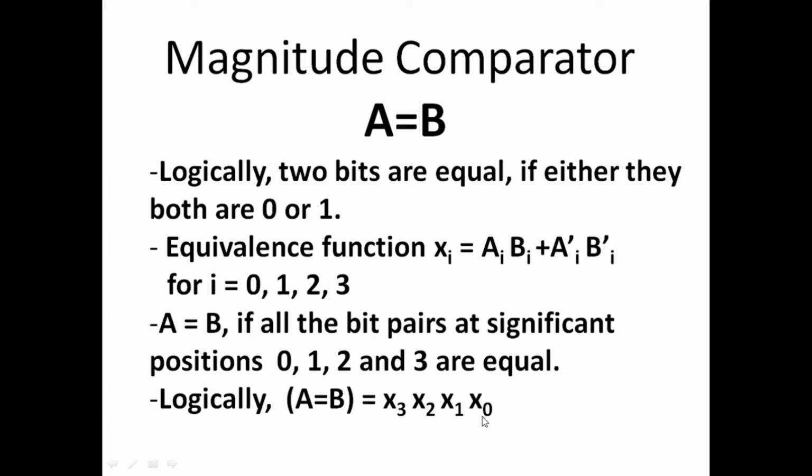For example, x0 would be equal to a0 dot b0 plus a0 prime dot b0 prime enclosed in parentheses, then dot, then x1 would be equal to a1 b1 plus a1 prime b1 prime, and similarly for x2 and x3. So we have derived the Boolean equation for A is equal to B.